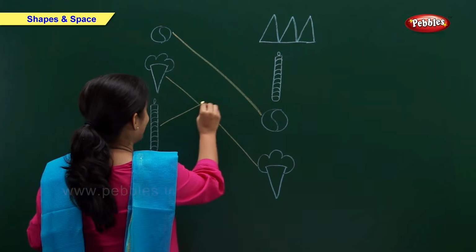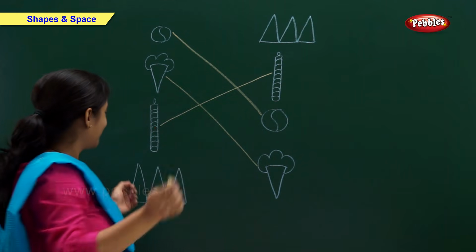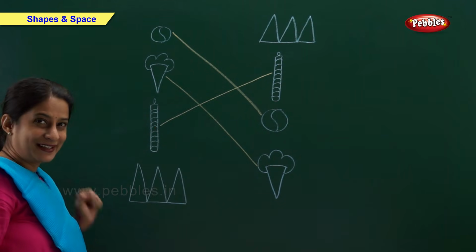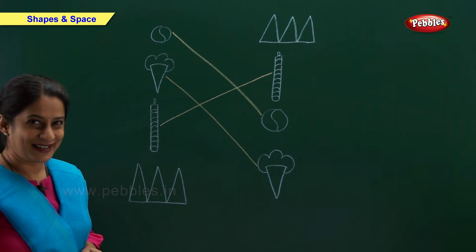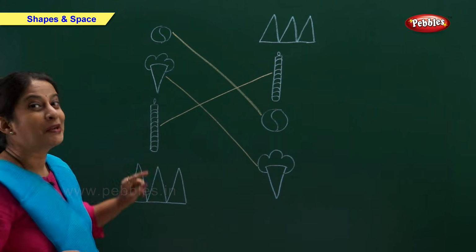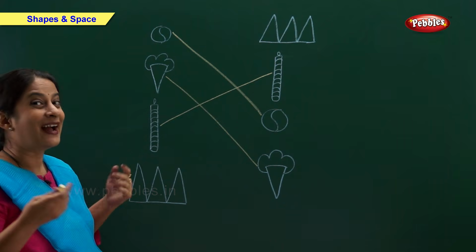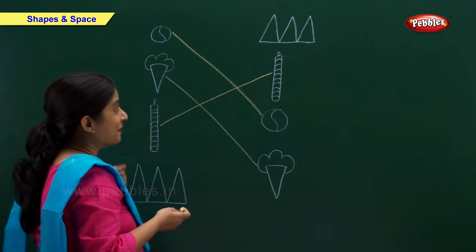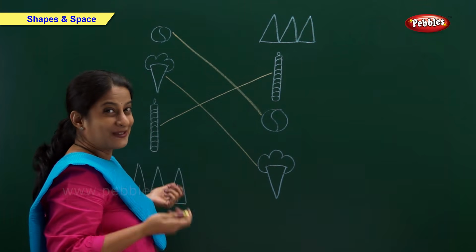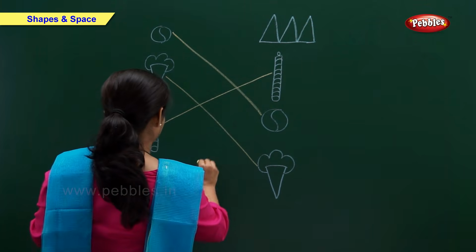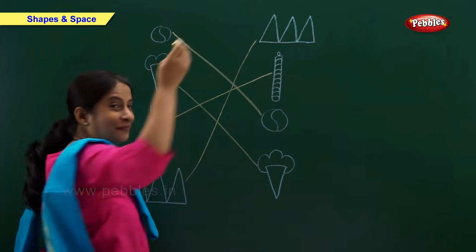So let's match. And what are these? Can anyone tell me? Right, mountains. So let's find mountains and match. Oh, we found mountains on the top. So let's match. Mountains.